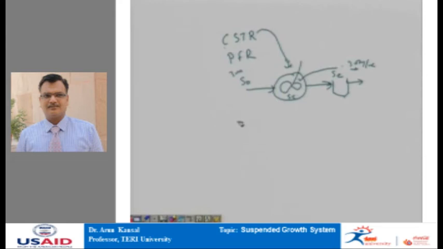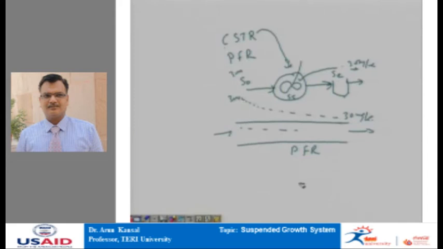A plug flow reactor, in contrast, is somewhat like this, where the BOD of 300 milligrams per liter is reduced in sequence, slowly, in plug flow mode, and by the time the wastewater comes out of the system it reaches 30 milligrams per liter. So this type of system is known as a plug flow reactor; it moves in a plug flow fashion and the BOD is removed gradually.